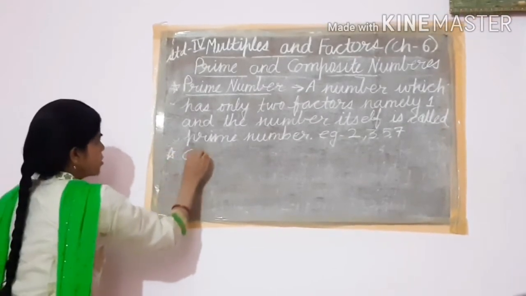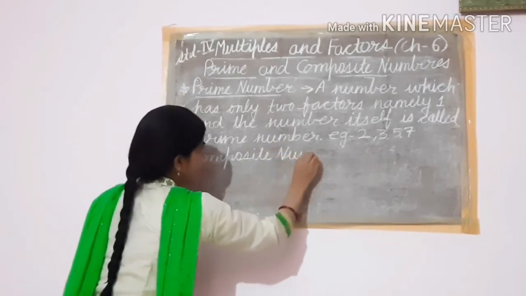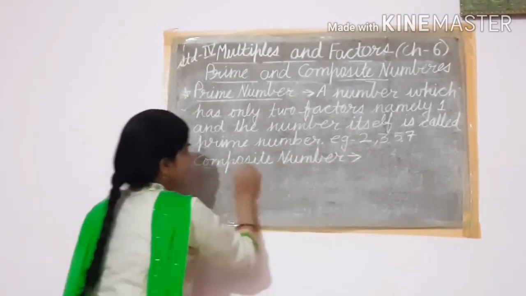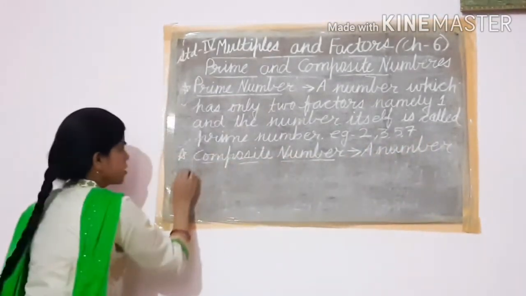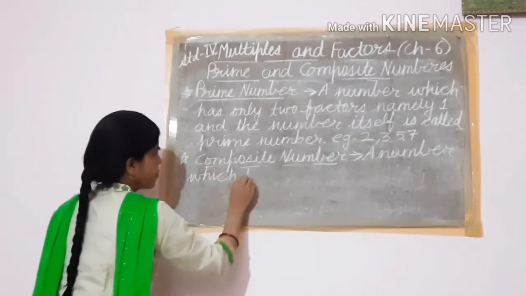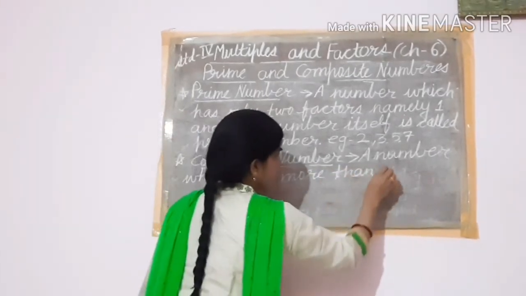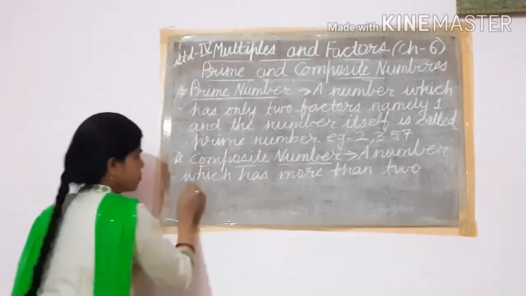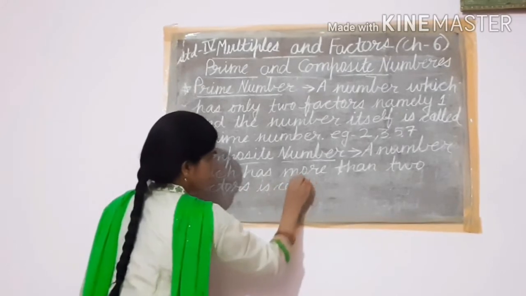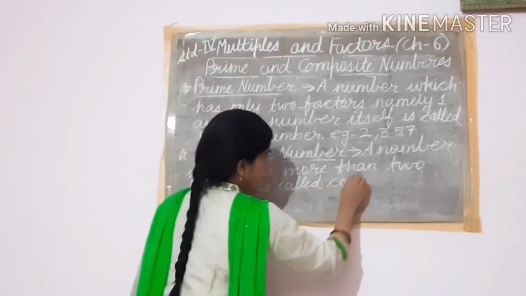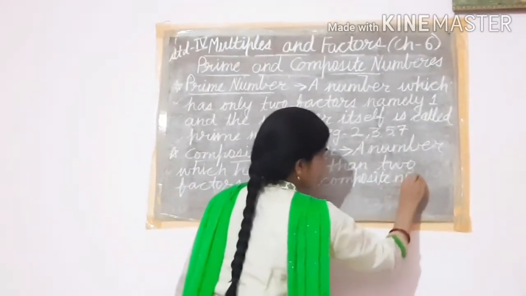Next is composite number. A number which has more than 2 factors is called composite numbers.